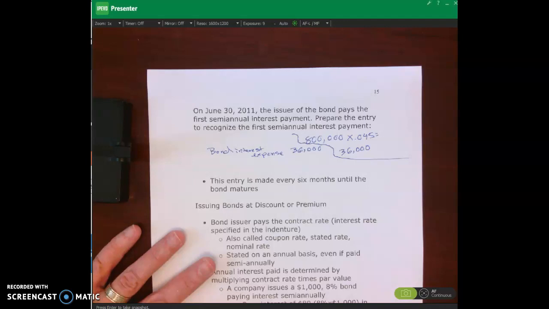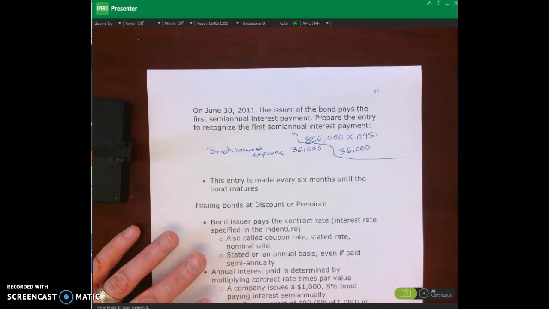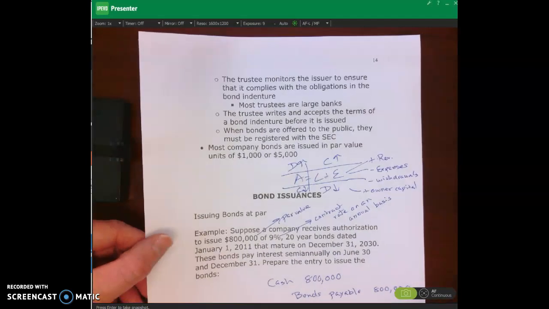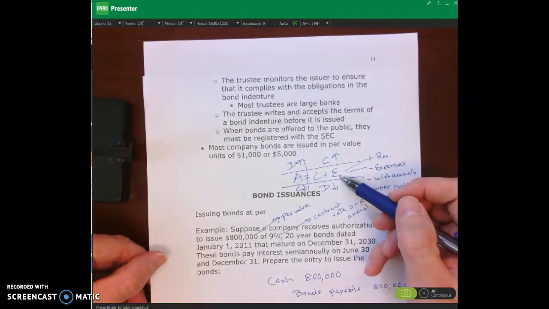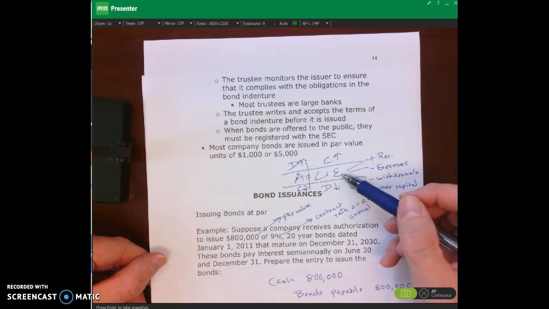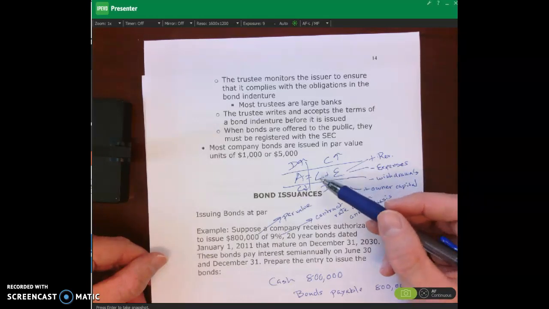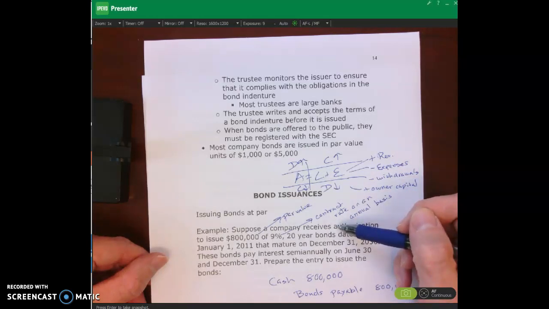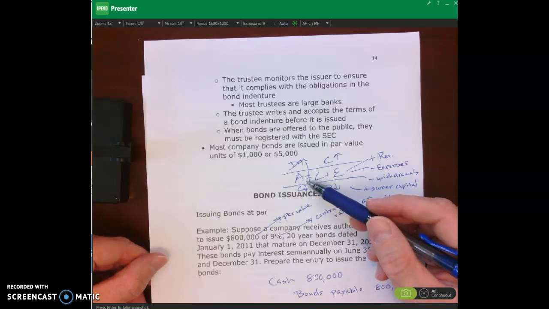Well, I'm making a cash payment. So if we think back over here in terms of our accounting equation, equity is going down because I debited bond interest expense. Expenses are going up, equity is going down. What do I pay the interest expense with? Cash.